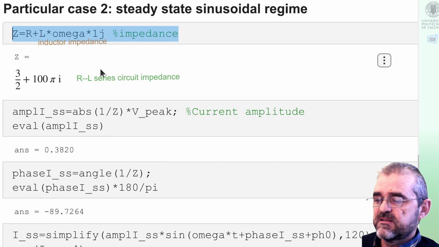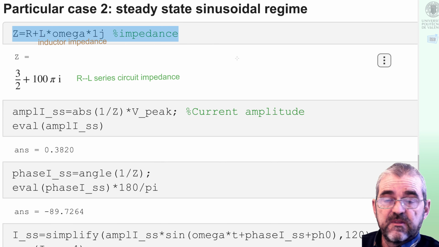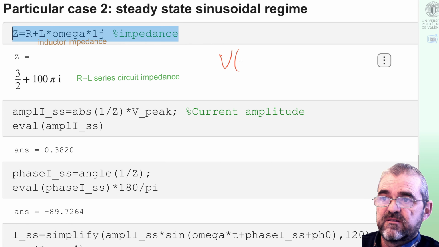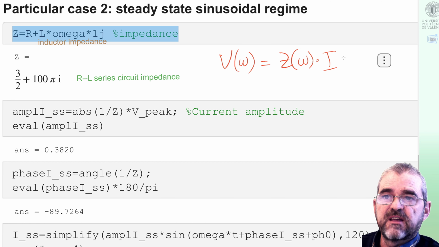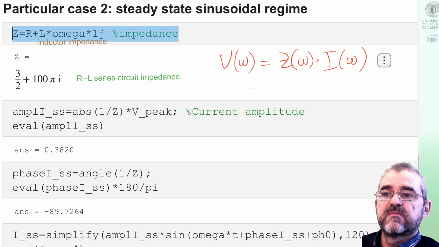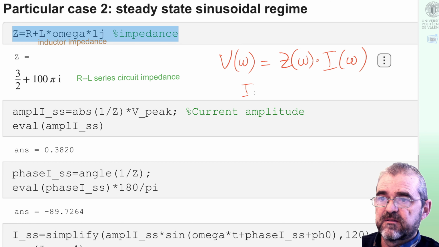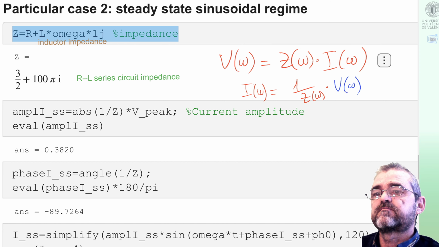So this is the impedance, and well, in AC we know that V of omega is impedance times current. So current is 1 over Z times the input voltage.